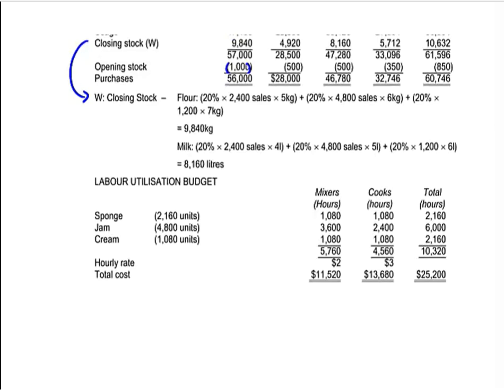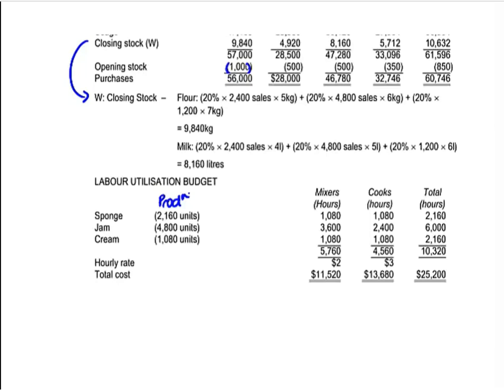For labour utilisation, we can't store labour, so we don't have any opening and closing. We need to look at our production figures, remember, not sales, multiplied by the time per type of labour. So we've got 2 types of labour, mixers and cooks.